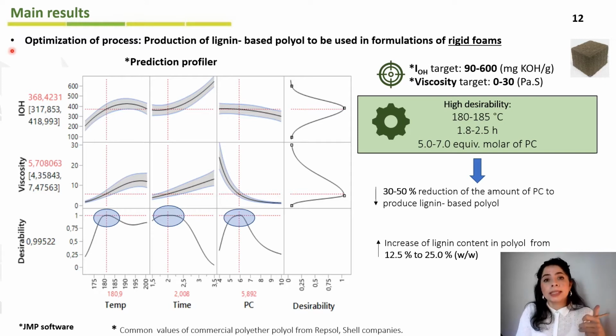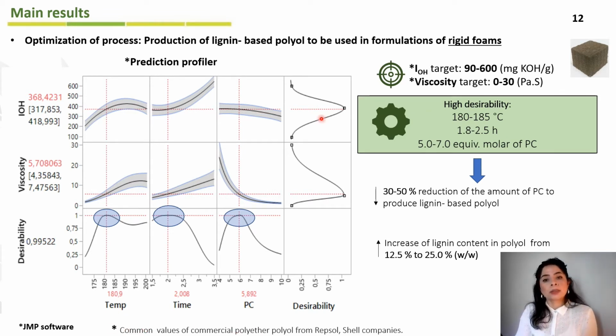This lignin-based polyol will be used to produce rigid foams and also polyurethanes. And of course, they are different products. They have different required values for hydroxyl number and viscosity as well. So the defined targets for both are based on common values of commercial polyols.